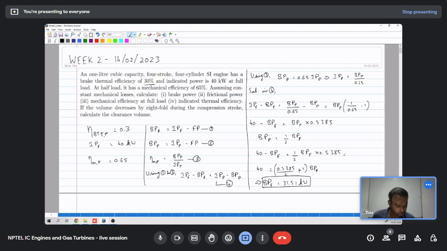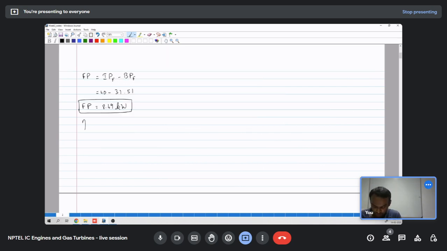Now the third one is mechanical efficiency at full load. Eta m at full load is equal to brake power at full load by indicated power at full load. So that is brake power 31.51 and indicated power 40. So we will get the mechanical efficiency, that is 78.78%.